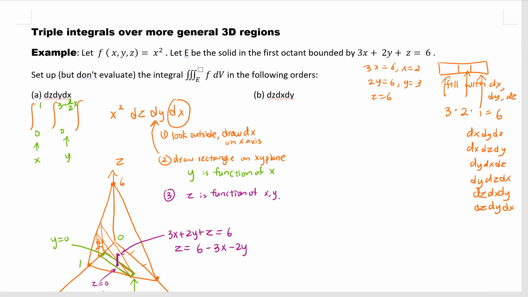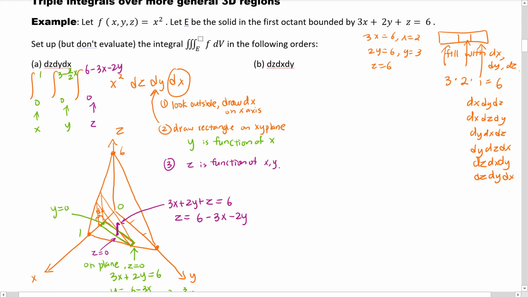This is the top bound. Z goes from 0 to 6 minus 3x minus 2y. So this is how we set up the triple integrals. First, draw the region, and then look from the outside to the inside. We will do a lot of examples here.